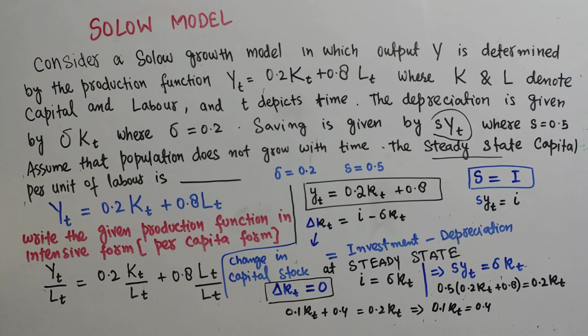So k_t will be equal to 0.4 upon 0.1, which comes out to be 4. That means capital per unit of labor at steady state is equal to 4.